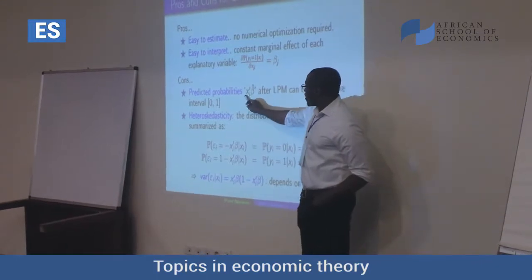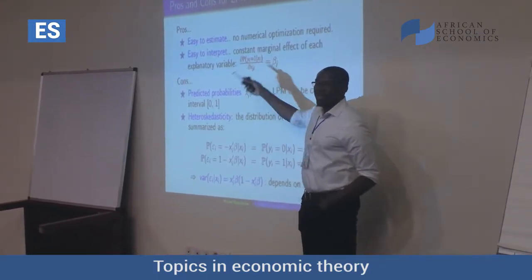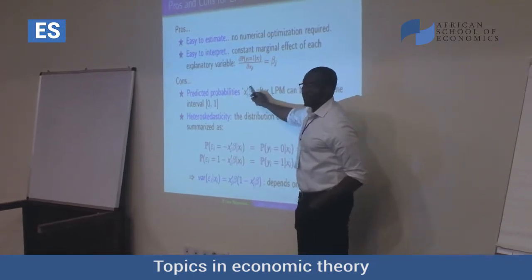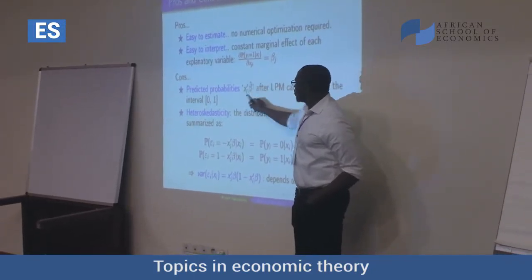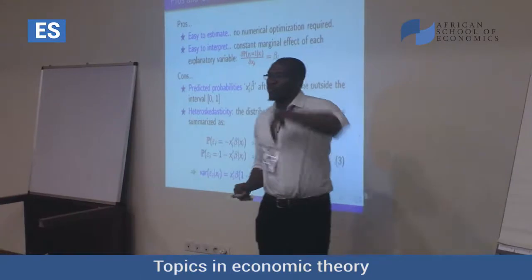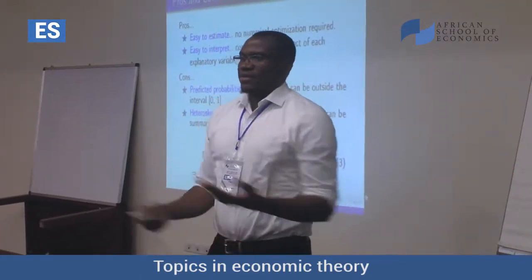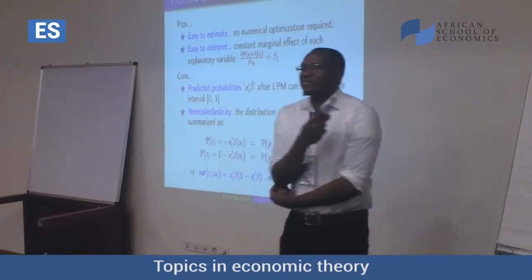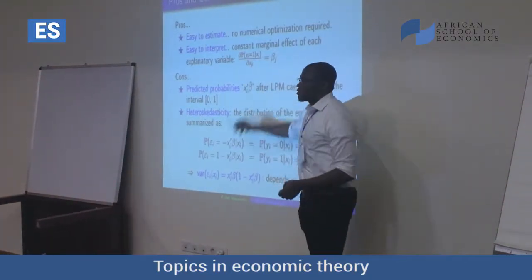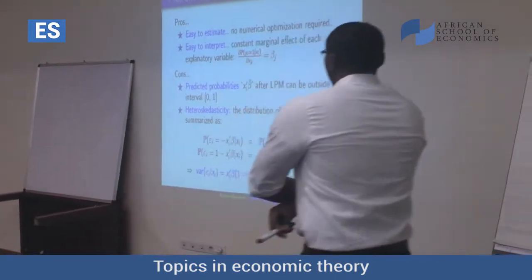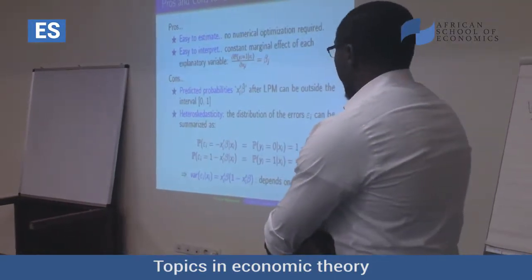So this x can vary because it's continuous, it can take very large values, whereas this estimator is fixed. And so this whole thing can just go way above 1 or way below 0. And that doesn't make sense because this should be a probability. And that's the first issue in the linear probability model.